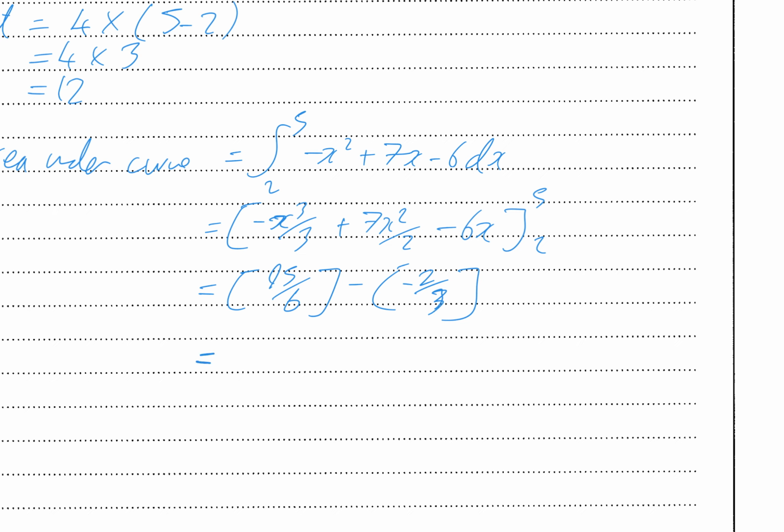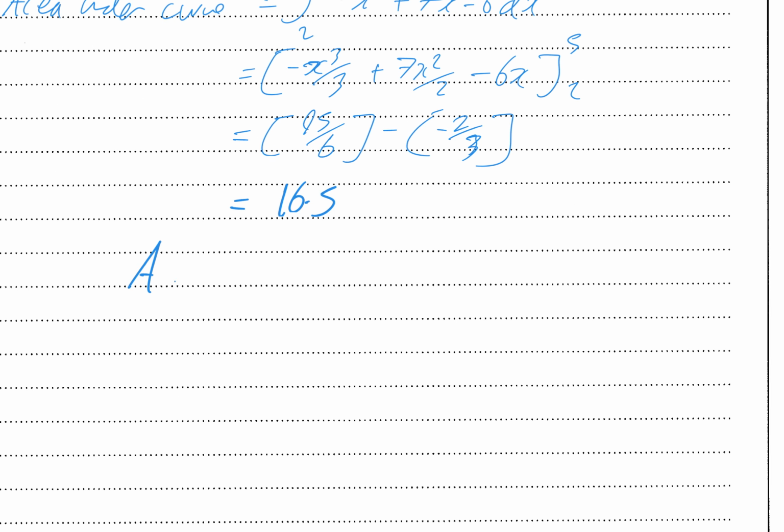Let's have a look and see. 95 over 6, and then that worked out to be 16.5, and that means my area A, remember it was that area under the curve minus a rectangle, works out to be 4.5 units squared. Okay, so very difficult question.